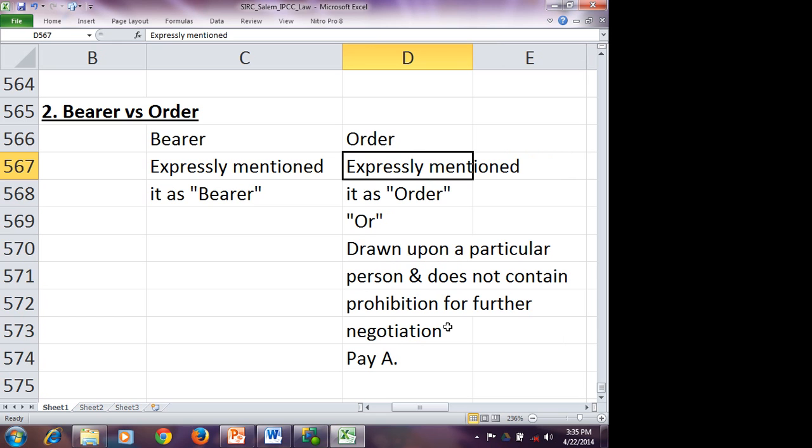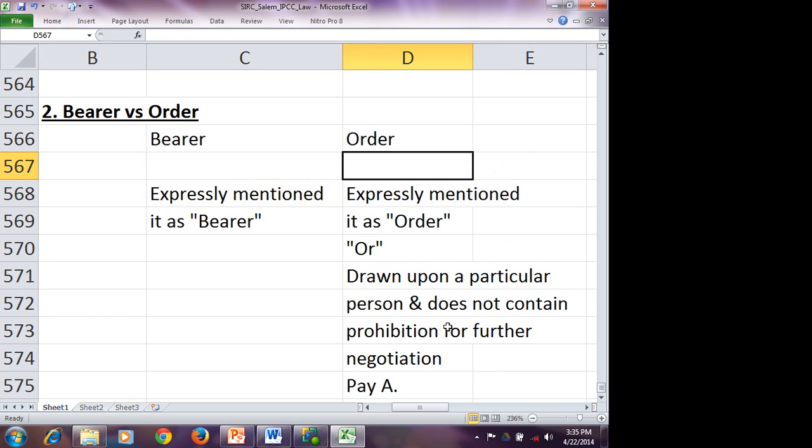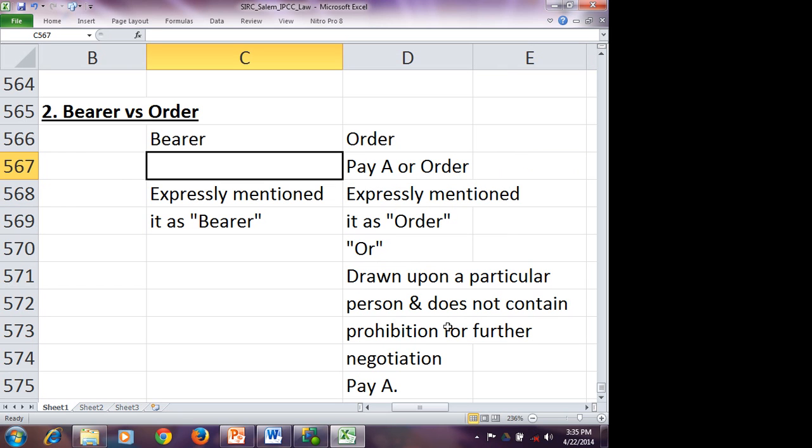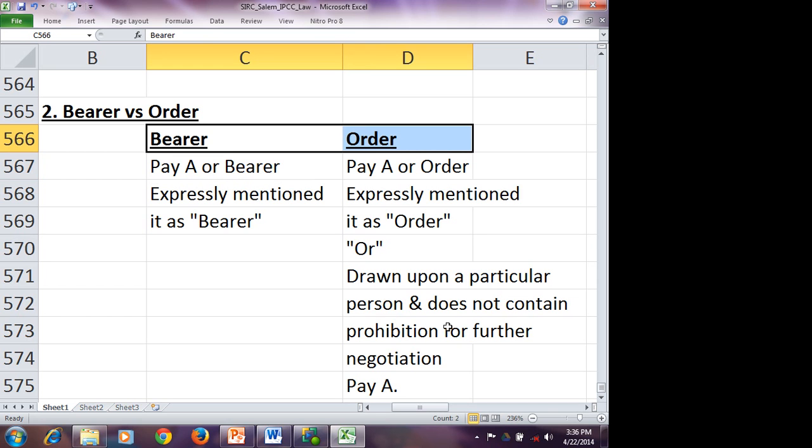What is an example for this? First one, pay A or order. What is the example for this? Pay A or order. A check is always a what? A check could either be a bearer or order instrument.